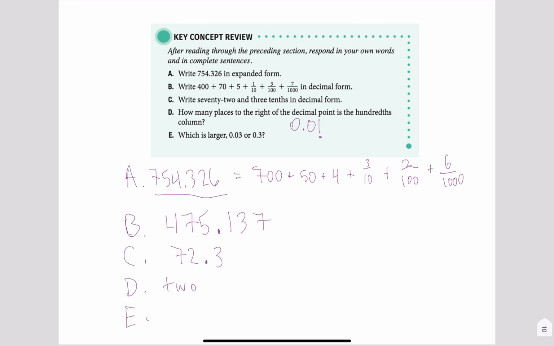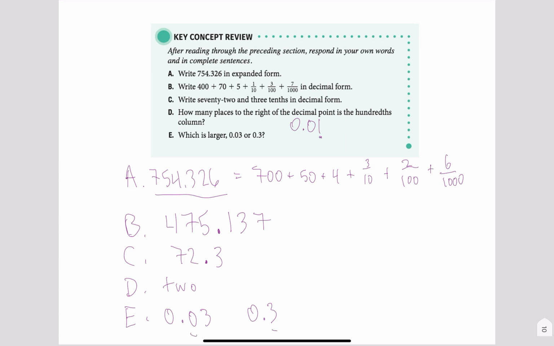Which is larger, 0.03 or 0.3? So what we do is we compare digits from left to right until one is larger than the other. So they both have a 0 in their ones place, their whole number place value. Then in the tenths place, we're comparing 0 to 3.